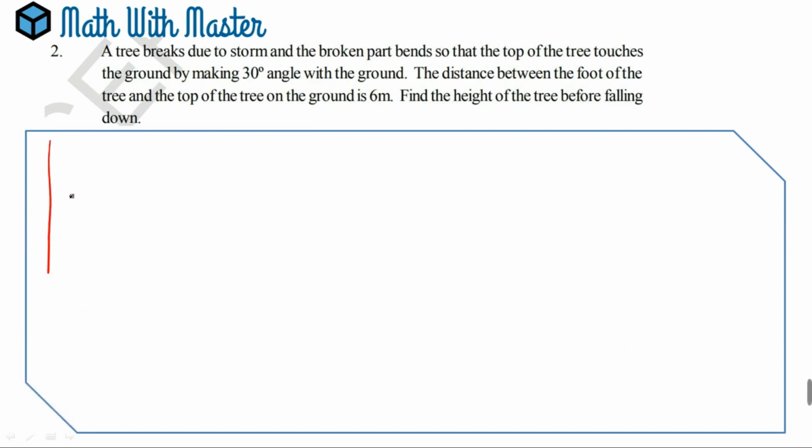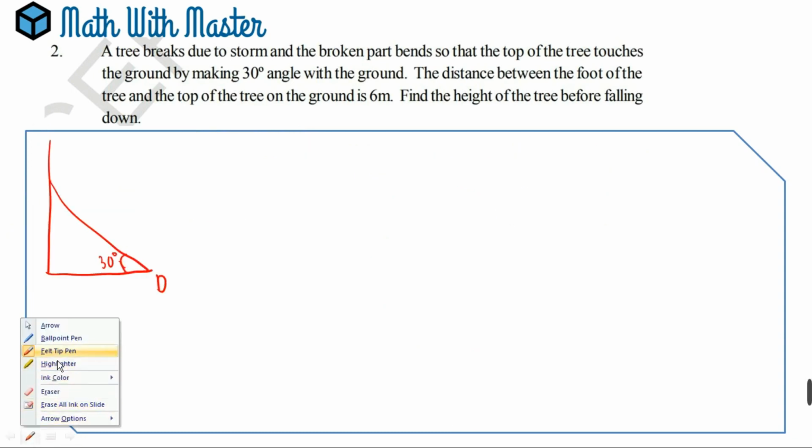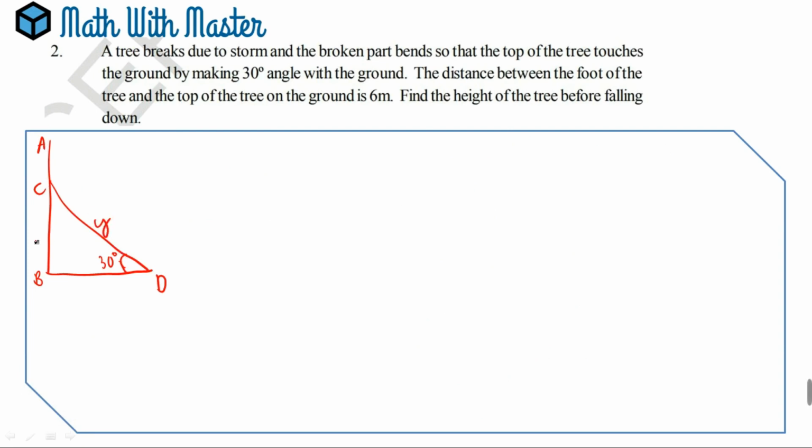Just a second. This is 30 degrees. This is D. This is y, this is x, and this is 6 meters.